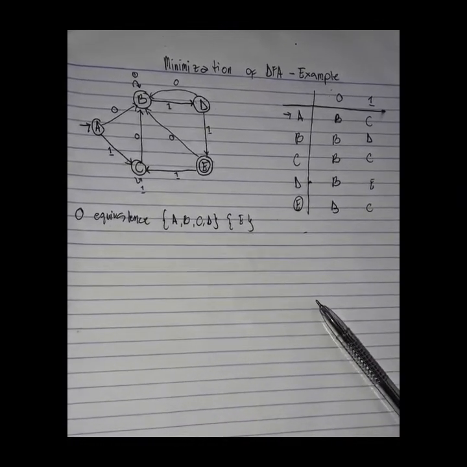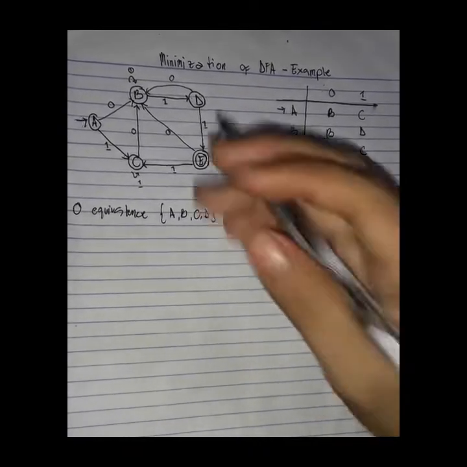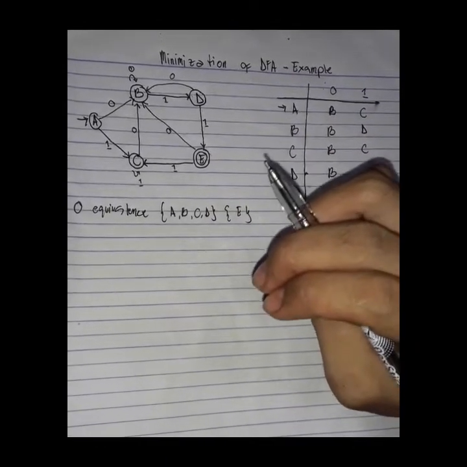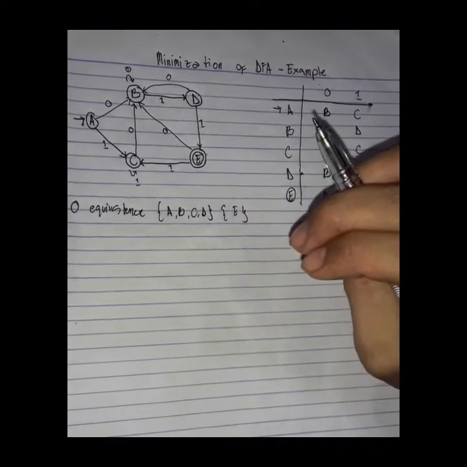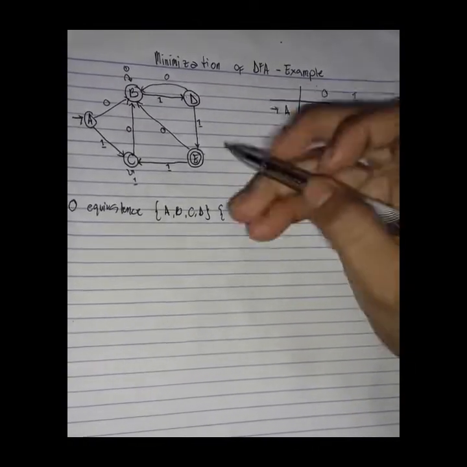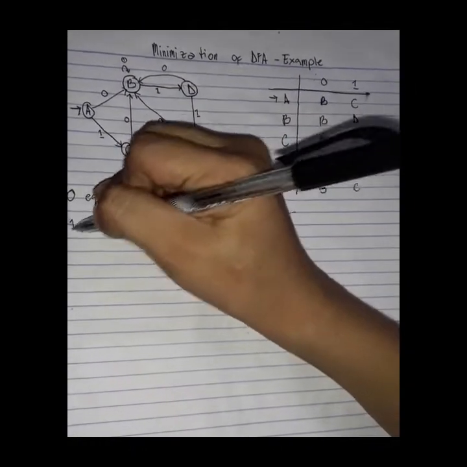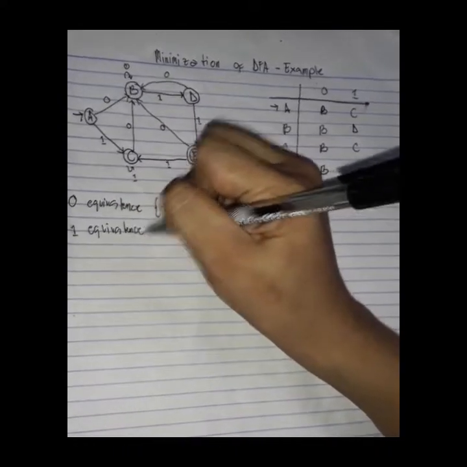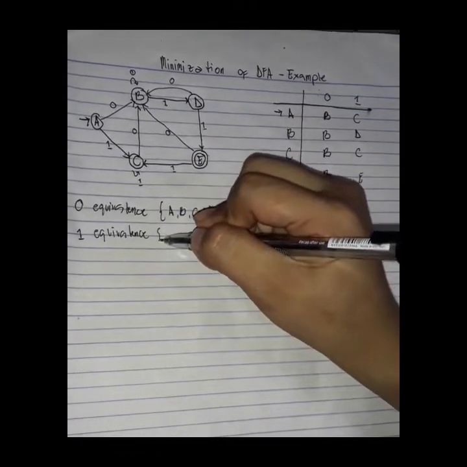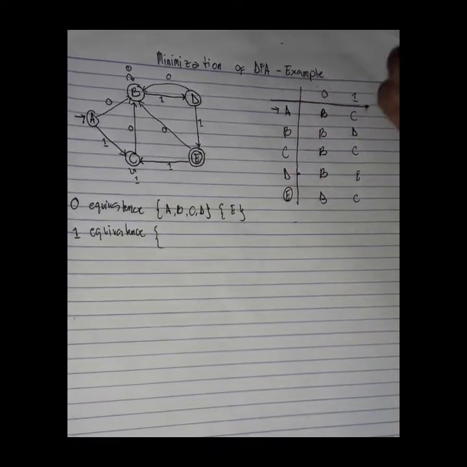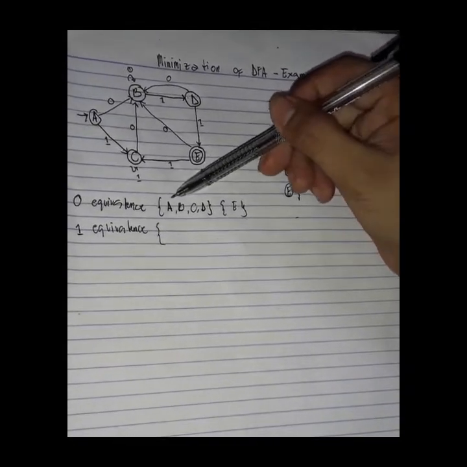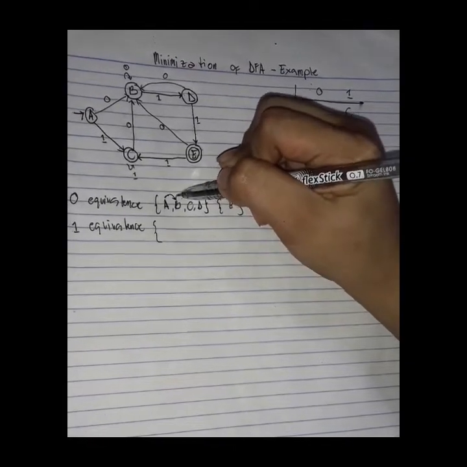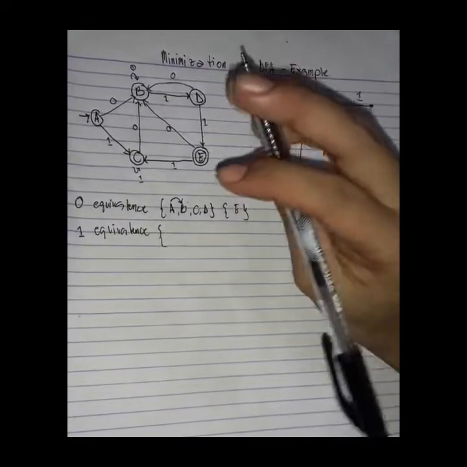Now we're going to write the one equivalence. In writing the one equivalence, you have to look at this row in the zero equivalence set.